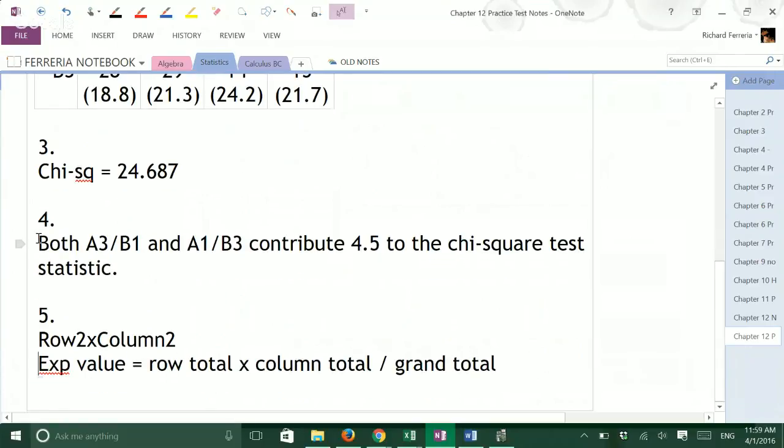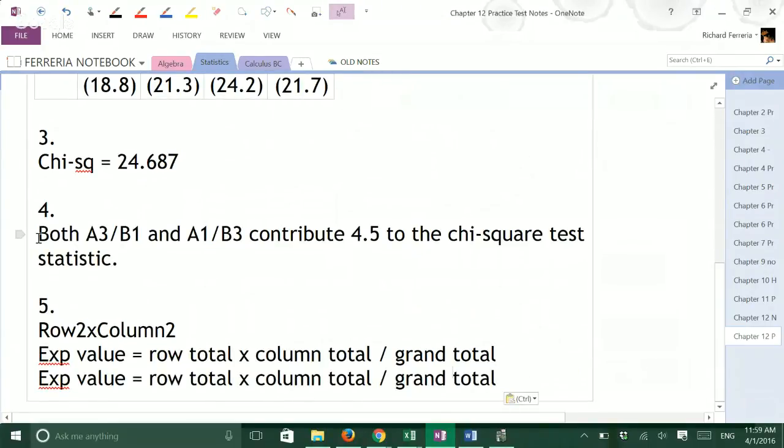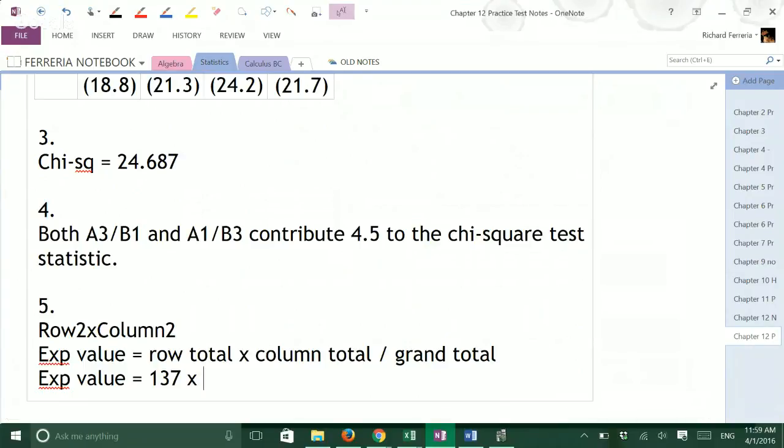So in our case, what's our row total? 1 division. And our column total? 89. Oh, my bad, 223. 223. And our grand total? 374. Boom. Expected value is 81.